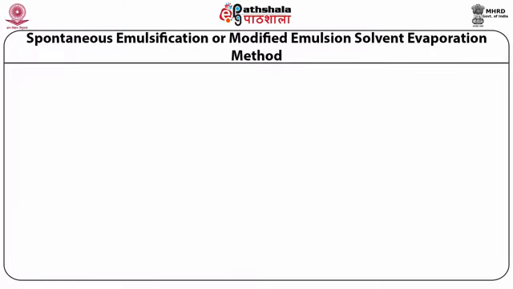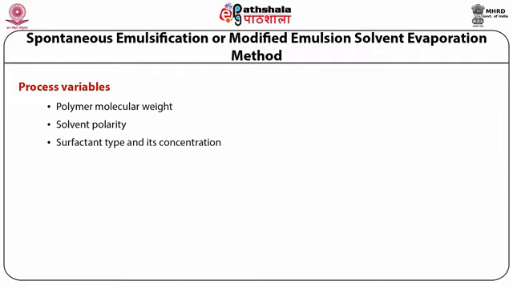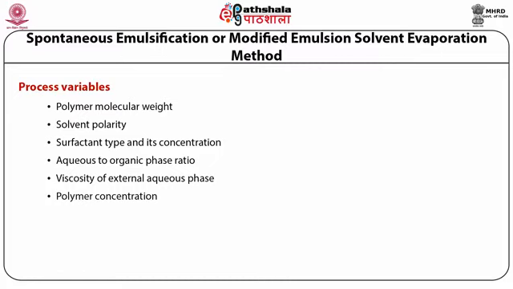Now, let us discuss the process variables which affect the efficiency of the spontaneous emulsification or modified emulsion solvent evaporation method. The first process variable is polymer molecular weight, second is solvent polarity, the third is surfactant type and its concentration, fourth is aqueous to organic phase ratio, next viscosity of the external aqueous phase, polymer concentration and stirring speed.